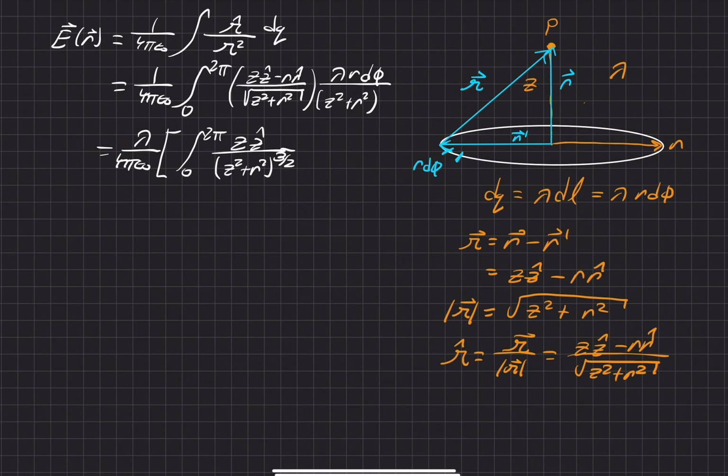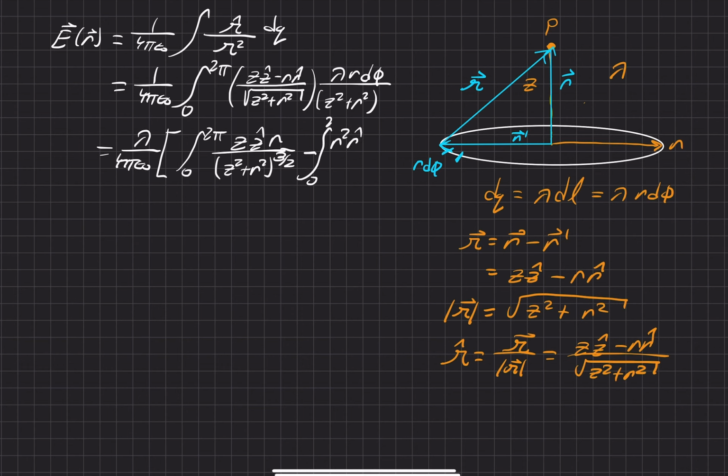Actually, we'll just do lambda here. So r will be common to this one. And then we still have the r hat component. So r squared r hat.